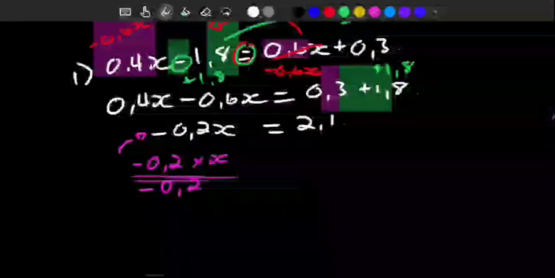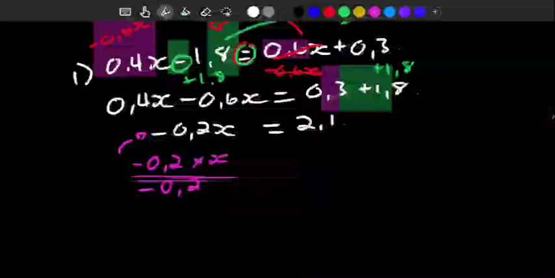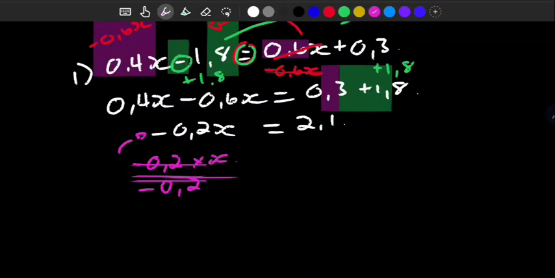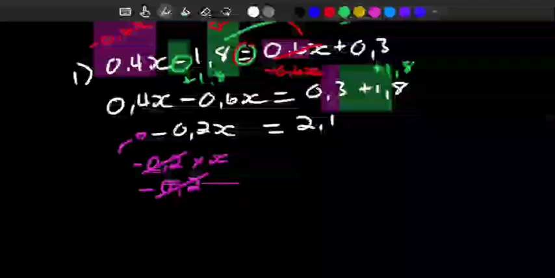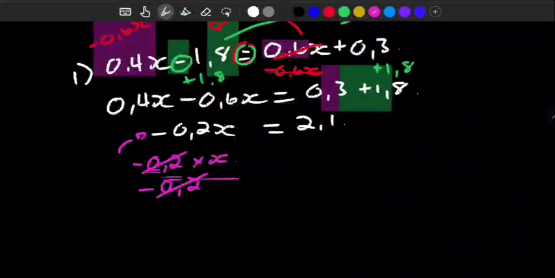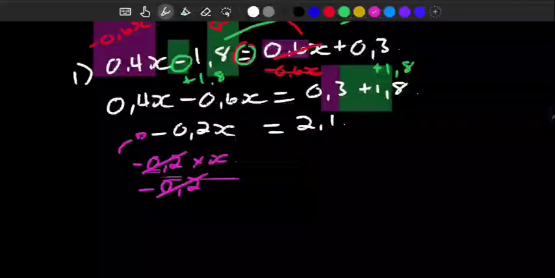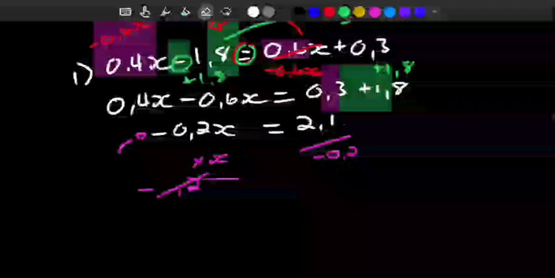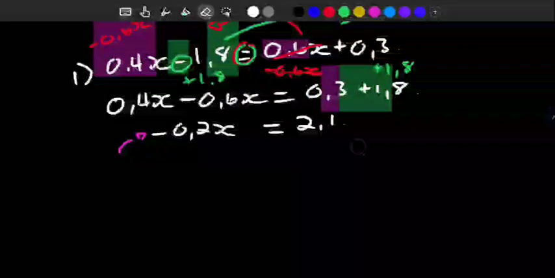So back here, we divide by negative 0.2, that cancels out that. Please forgive my screen just doubling there. Whatever you do on the left side you do on the right side. So this side you also divide by negative 0.2, right? So let me make that a bit neat.